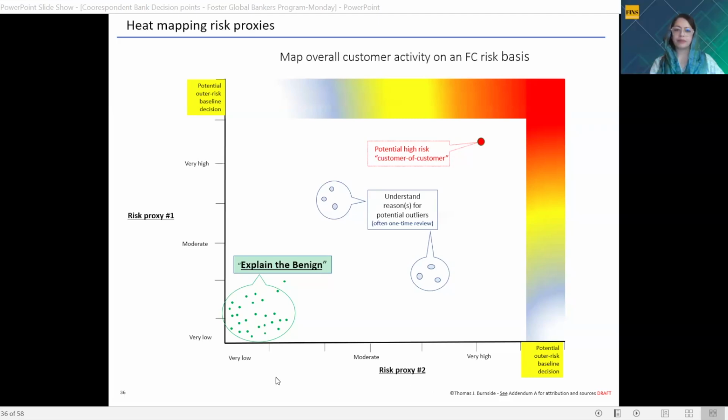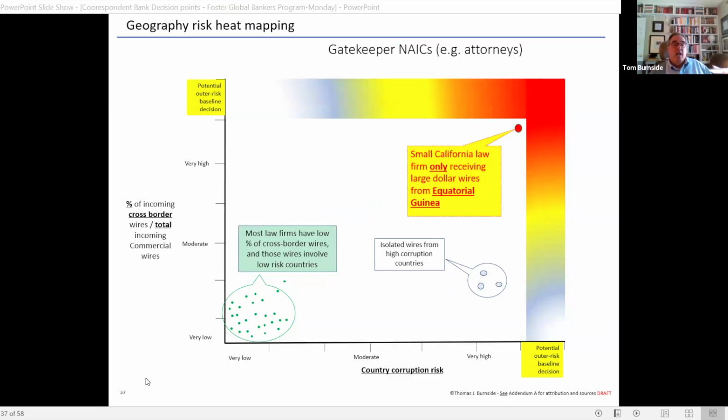Right. So this is a very generic slide that for the most part, a lot of our heat maps will follow, because you want to have an approach that your decision maker can look at where everything is predictably placed.